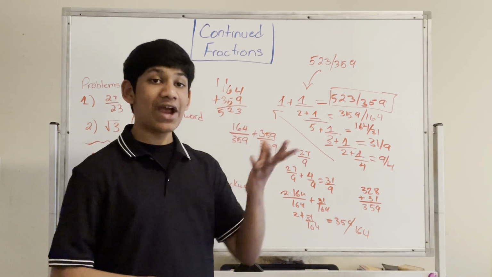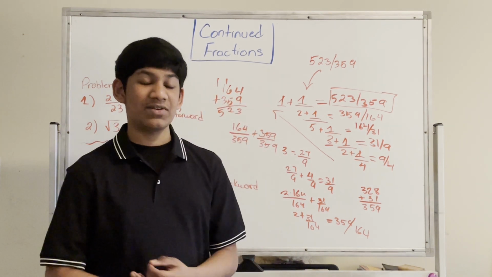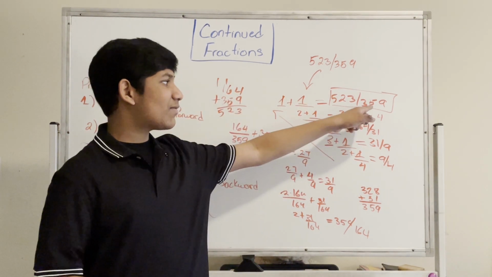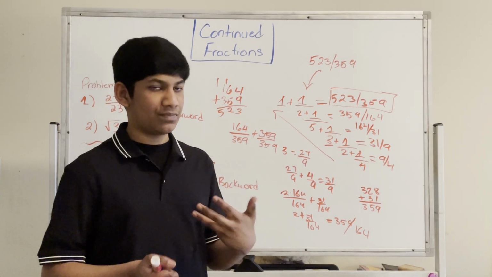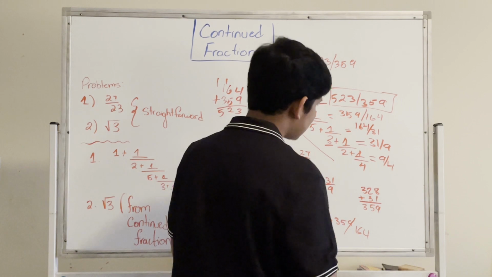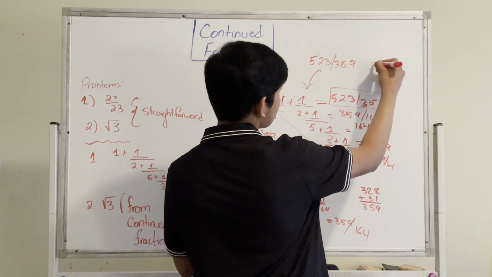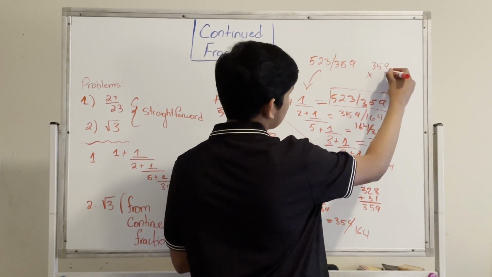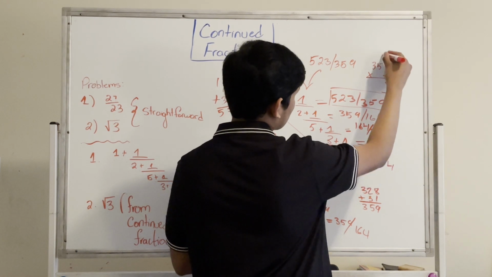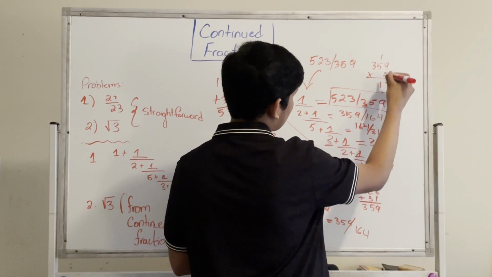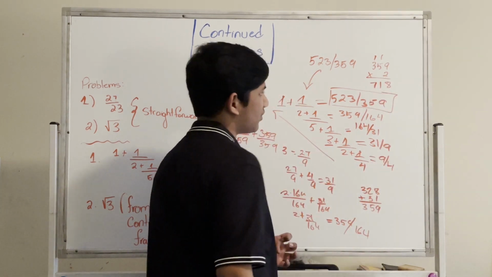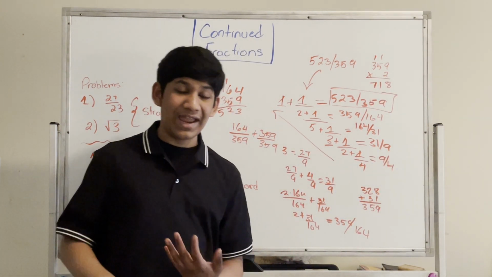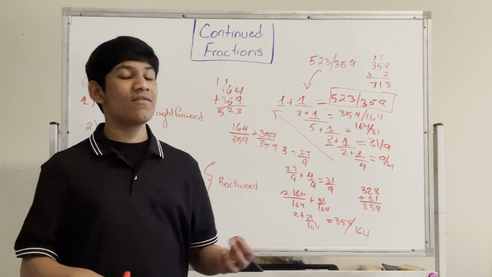We can say that this fraction involves big numbers, but the thing is, this fraction over here is not greater than 2. It's actually less than 2, because we can see that 359 times 2 is 718. Now 718 is way bigger than 523.